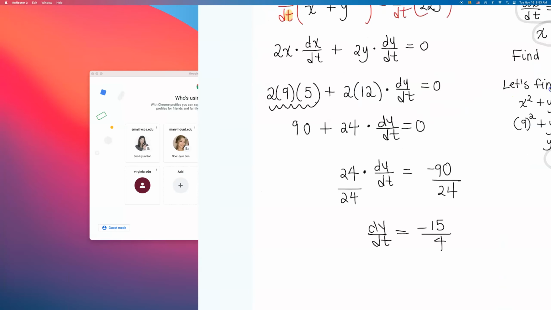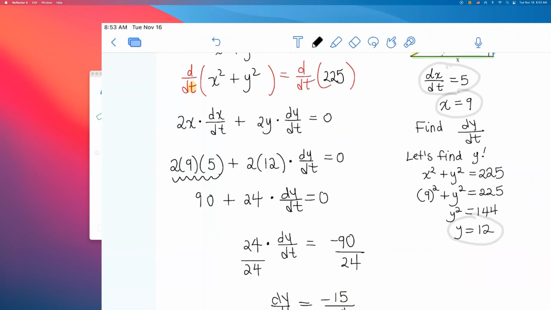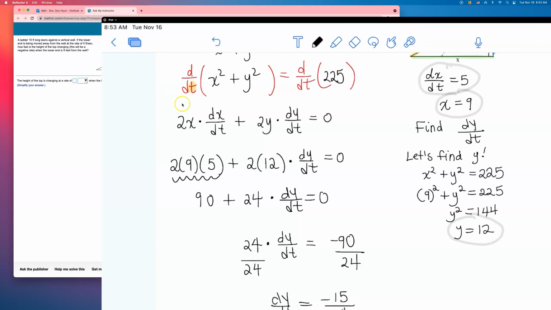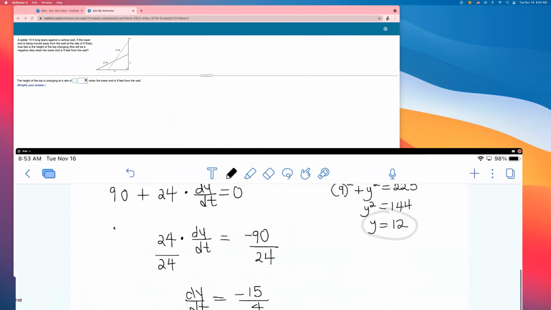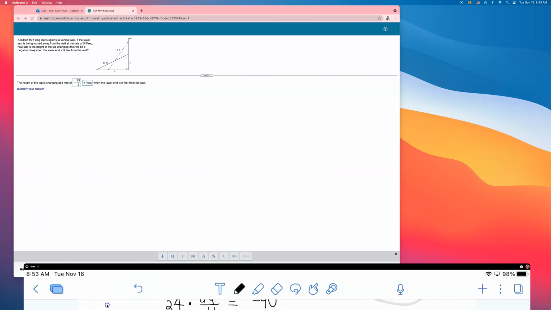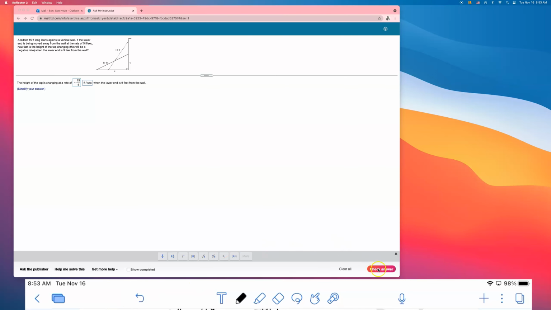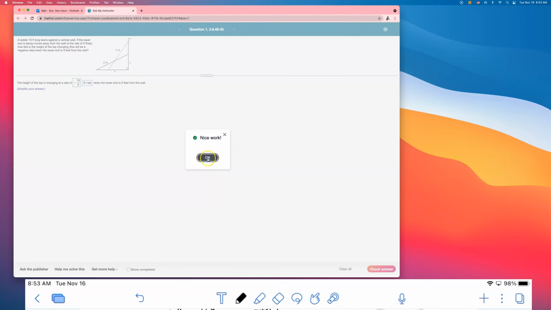So the height of the top is changing at a rate of negative 15 over 4. And what's the unit here? The unit should be feet per second. So it's sliding down, 15 feet per 4 seconds. And that's how you can do this problem.